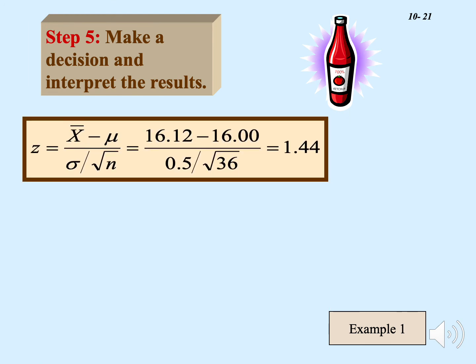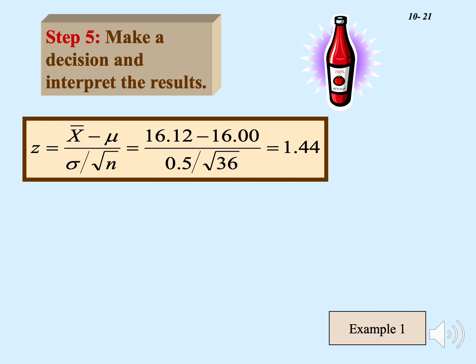Z is equal to X bar minus mu all over standard deviation over the square root of n. So we are going to plug in the values given: 16.12 minus 16 all over 0.5 over the square root of 36, which is 6. And that gives you 1.44.